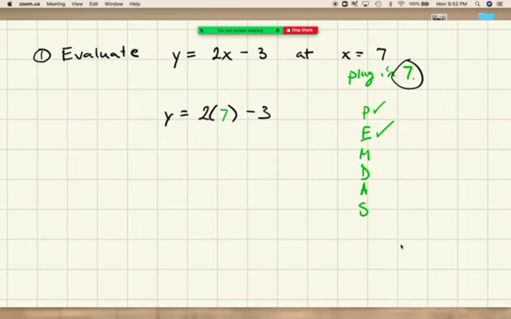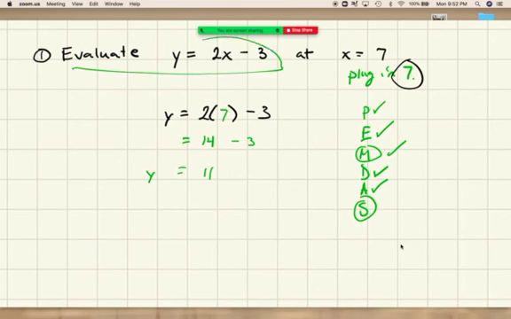The multiplication is the 2 times the 7. So we get 14, and then carry that down. There is no division, and no addition. The subtraction: 14 minus 3 is 11. So the answer, evaluating at x equals 7, is y equals 11.